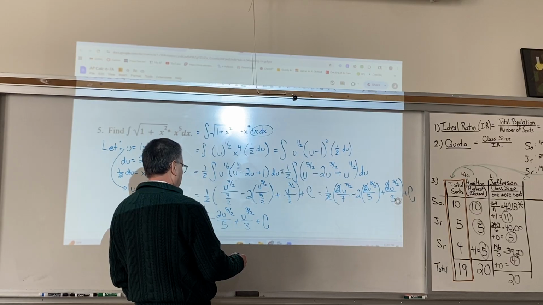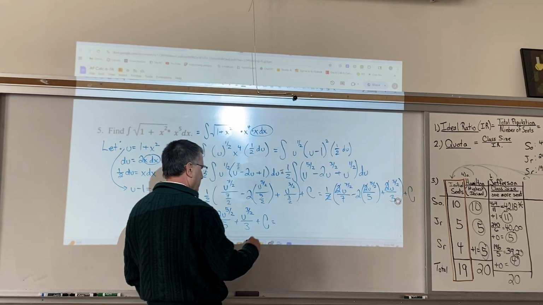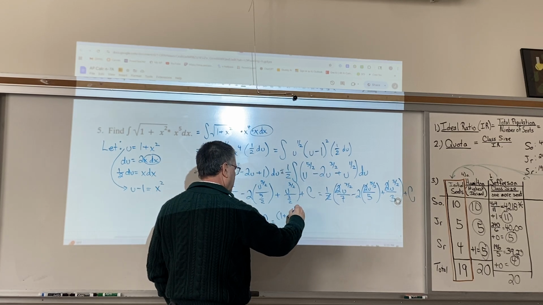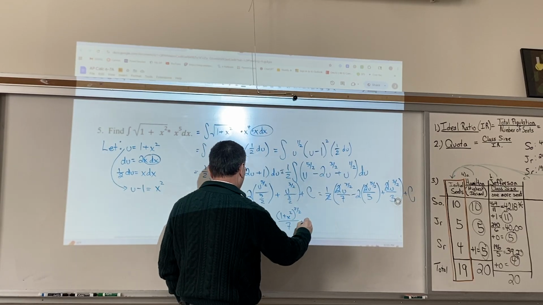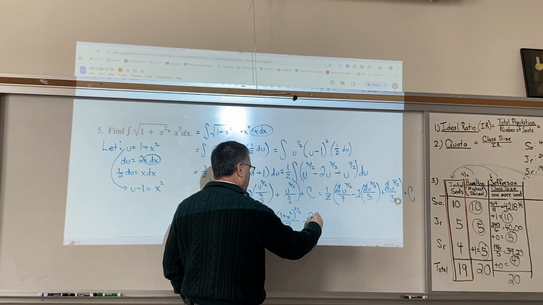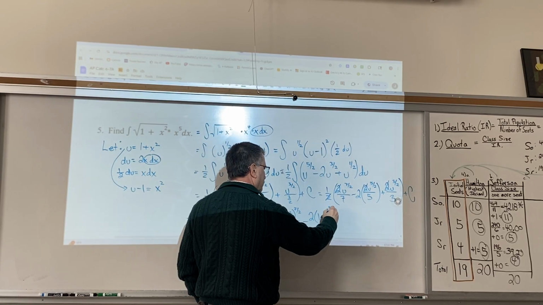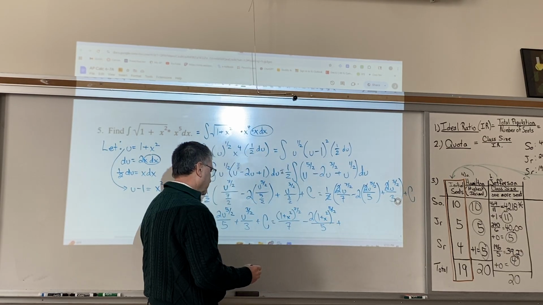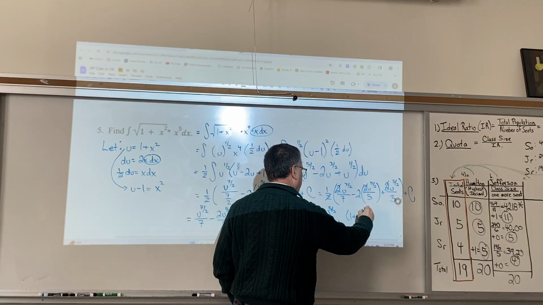So, oh, this will be fun. Okay. Equals. What is u? 1 plus x squared. Okay. So we got 1 plus x squared to the 7 halves over 7 minus 2 times 1 plus x squared to the 5 halves over 5 plus 1 plus x squared to the 3 halves over 3 plus, let me see.